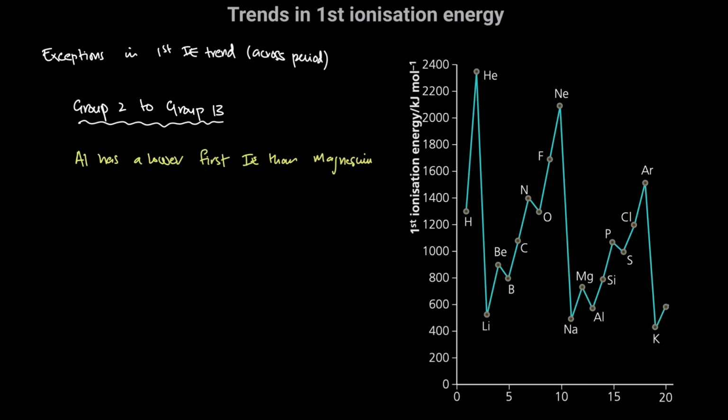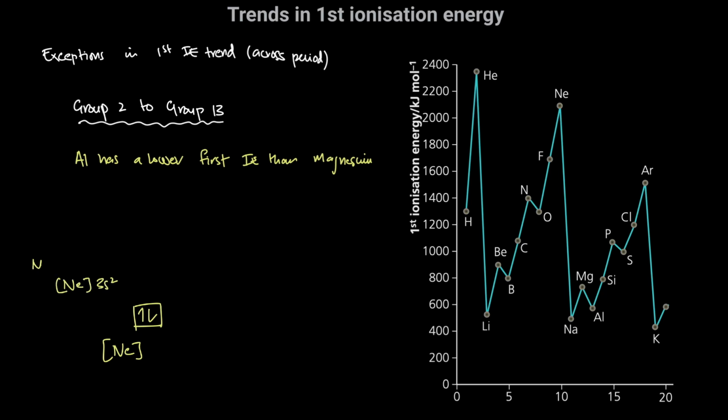If we look at the configuration of magnesium, it is neon and then 3s2. This is just a short form.